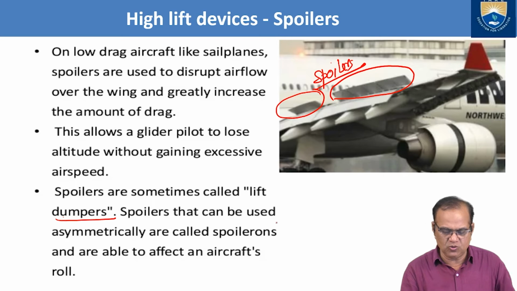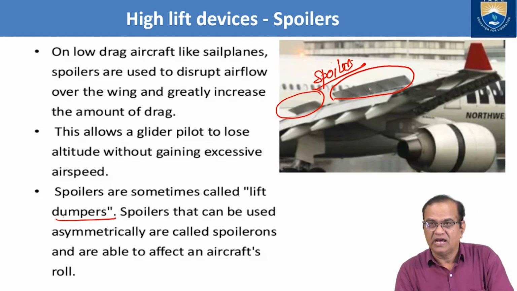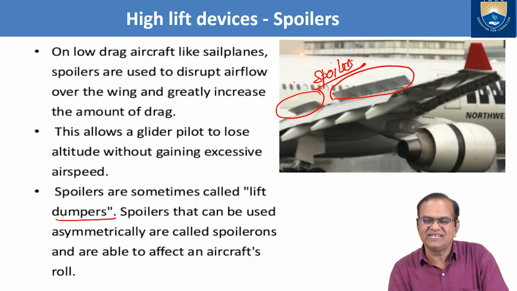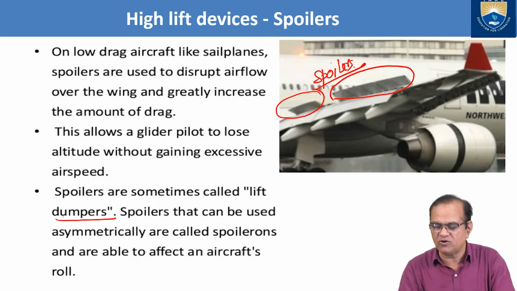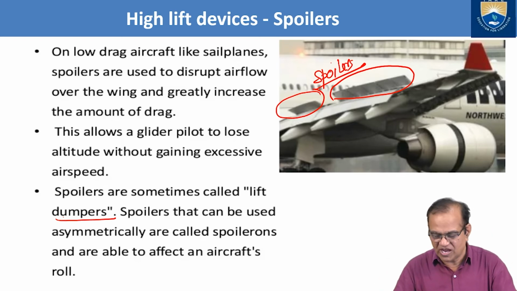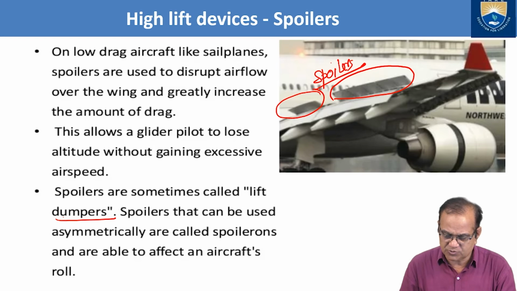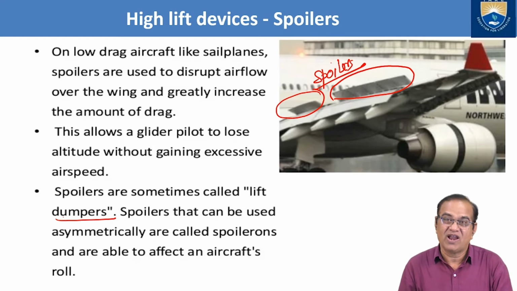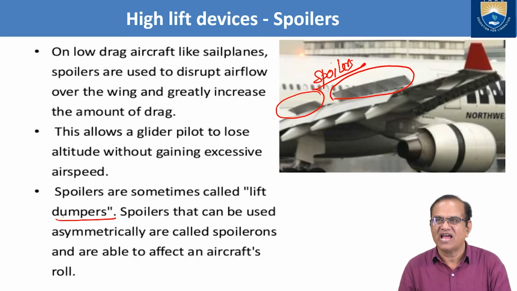Spoilers that can be used asymmetrically are called spoilerons and are able to affect the aircraft roll. So if you move the left side more and the right side less, rolling will be there and yawing will also affect the aircraft. So you can use this as a spoileron or flaperon. In the same way, a spoileron can work as both aileron and spoiler.